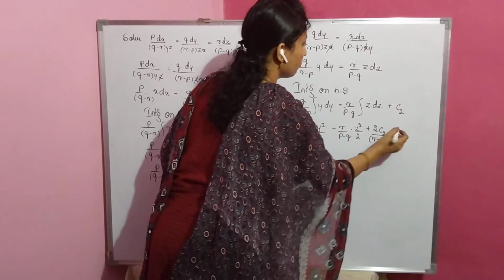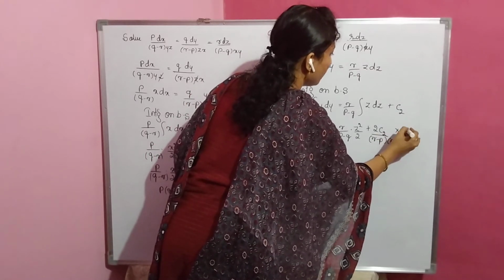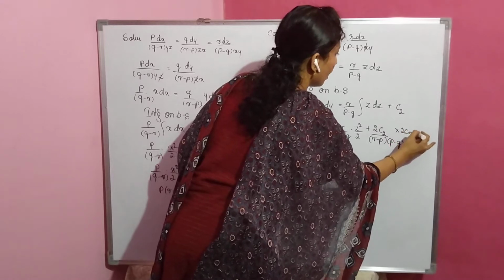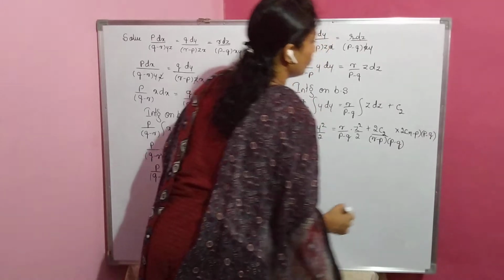Again this equation can be multiplied by 2 into (r minus p) into (p minus q).